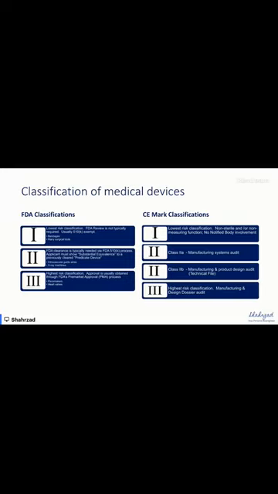However, in the EU, it is lowest risk classification, number 1 at the top, and then we have medium risk classification, class 2A, and 2B is medium to high risk, and number 3, we have highest risk. Okay, that's the difference. And here in the UK, we have a similar system to CE mark classification.